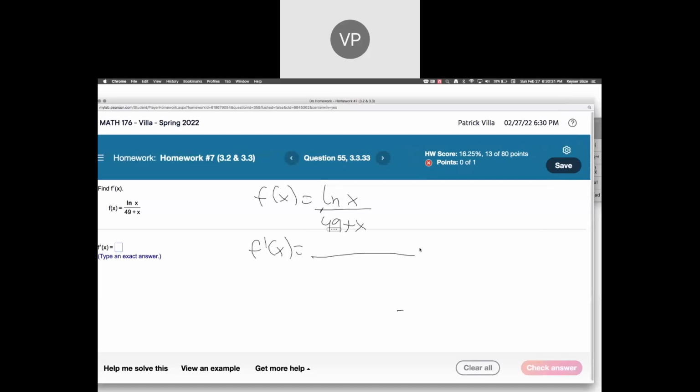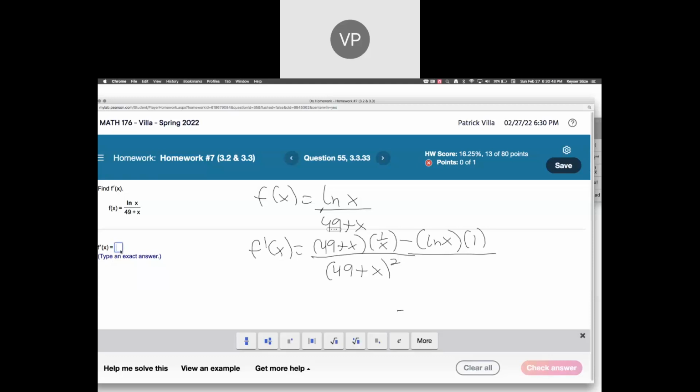That's squared. We take the bottom times the derivative of the top minus the top times the derivative of the bottom. Okay, so I'm just going to plug in this first version, see how it looks.